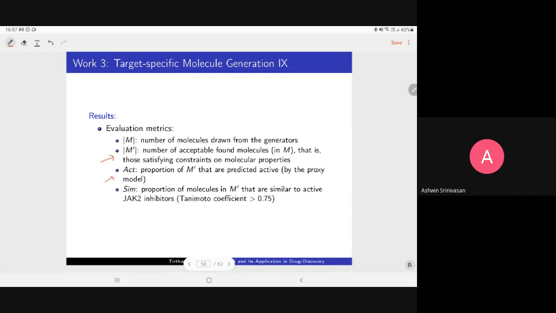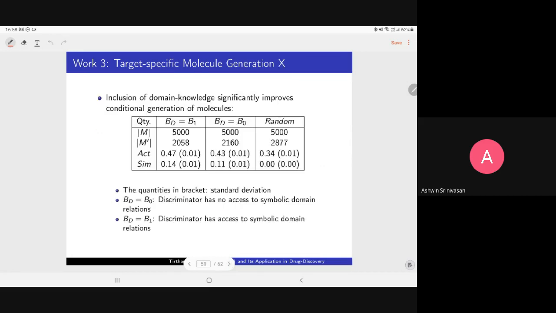Then we were interested in seeing how many of those M-test molecules are predicted to be active. I'll talk about the proxy model briefly. And we need to see how many of those in the M1 are similar to JAK2 inhibitors. For this we use a Tanimoto coefficient of greater than 0.75.